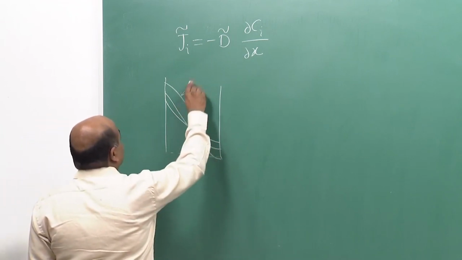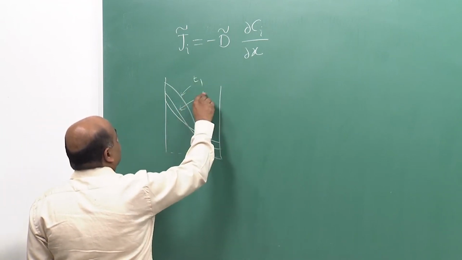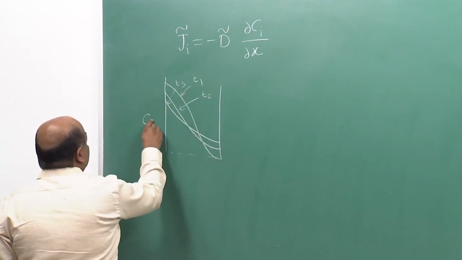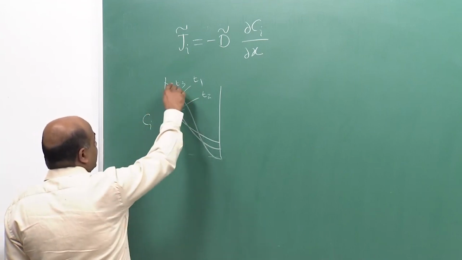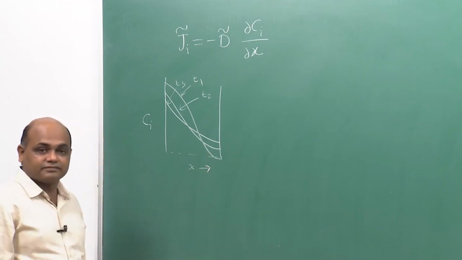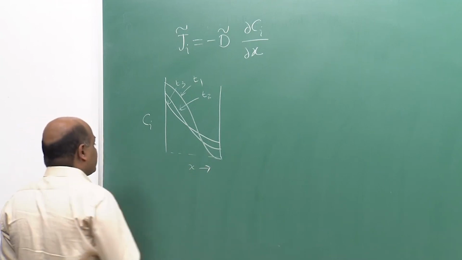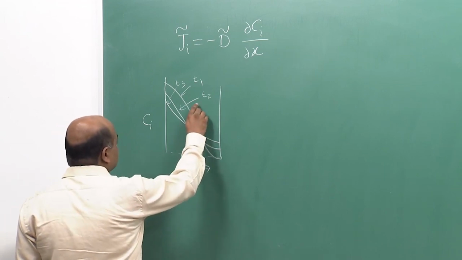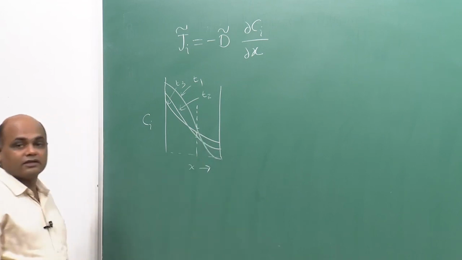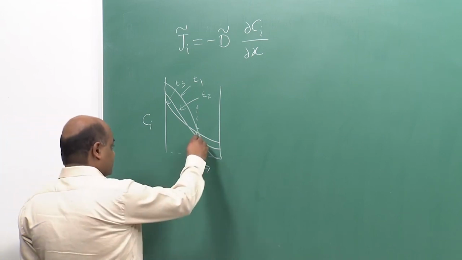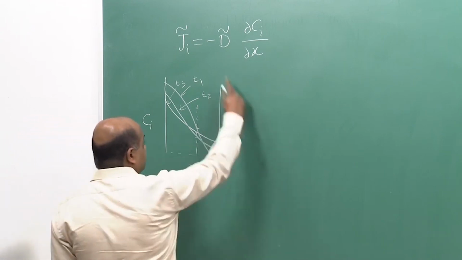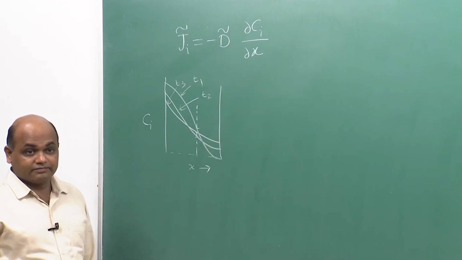So, we write this as T1, T2 and T3. At any particular time, let us say at T1, C_i is varying as a function of x, but if you consider any particular x, C_i is also varying as a function of time, and that is the reason we are using the partial differentiation sign here.